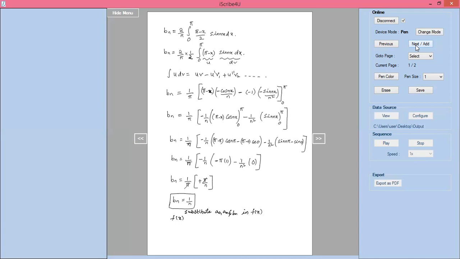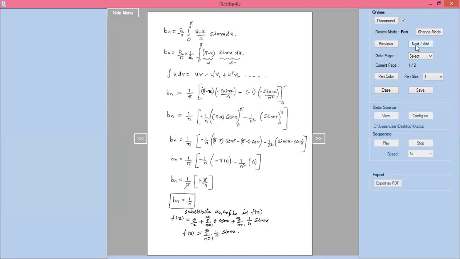Already you know that f of x equals a naught by 2, which is 0, plus summation of n equal to 1 to infinity an, which is 0, into cos nx, plus summation of n equal to 1 to infinity bn, which is 1 by n, into sin nx. Now I will write f of x equal to summation of n equal to 1 to infinity 1 by n into sin nx.